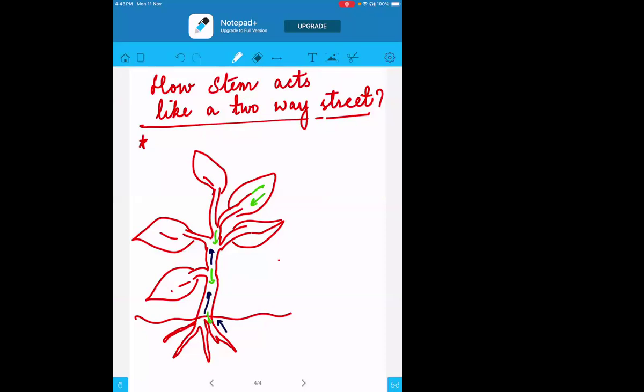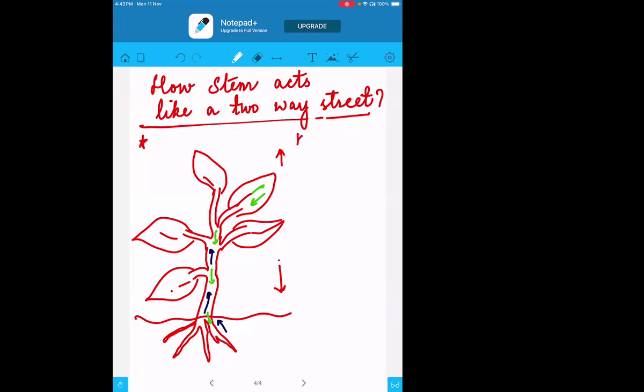So the conduction is happening. The transportation of the water, minerals, and the food is happening. One is going to the upper side, another is going downside. Water and minerals are going upward, whereas the food is going downwards. That is why we can say that it is a two-way street.